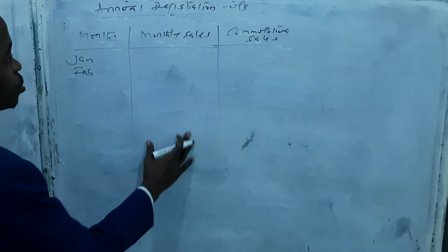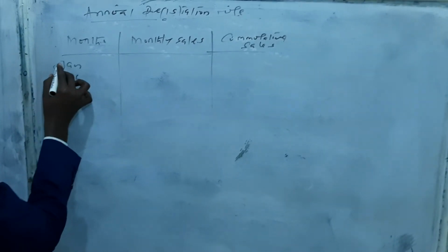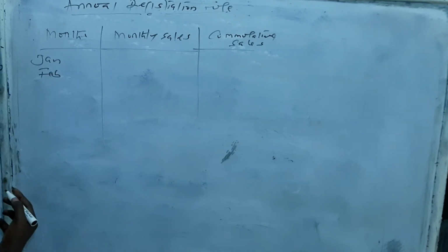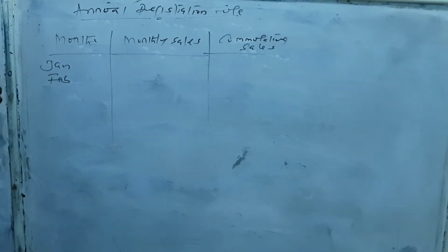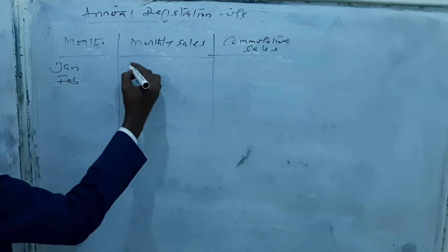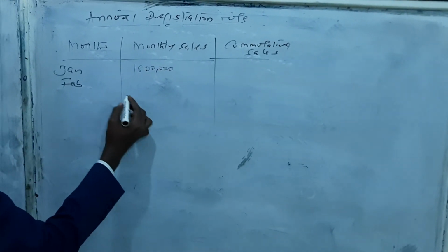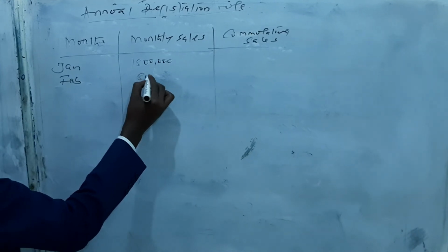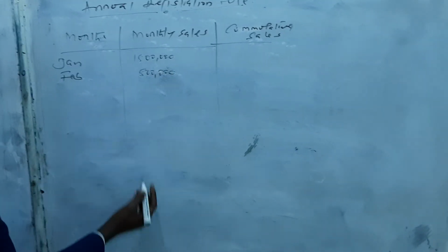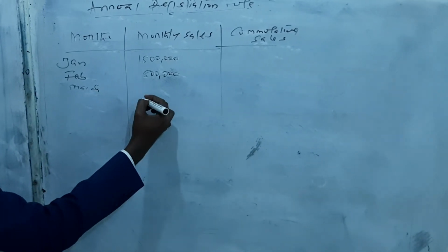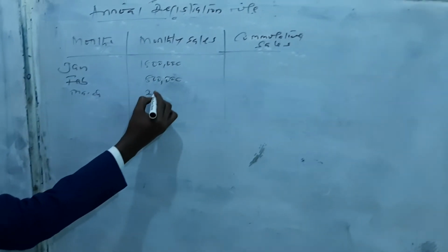The annual registration rule we have here. This solution is also for the question that will be in the YouTube description. So January had 1.8. February had 800. March we have 2 millions.